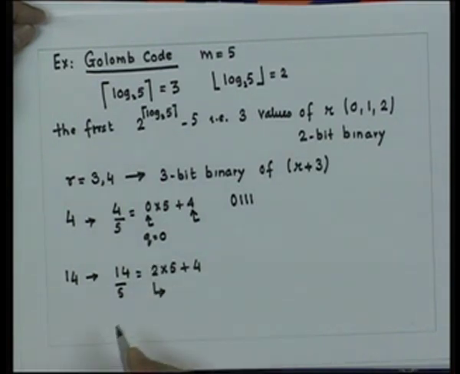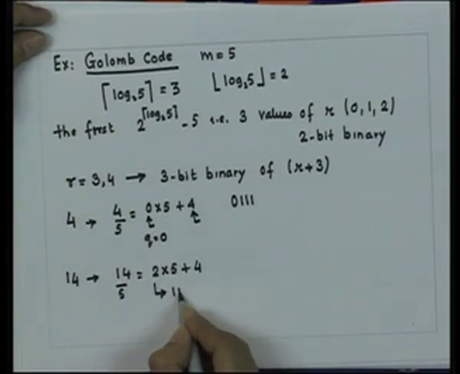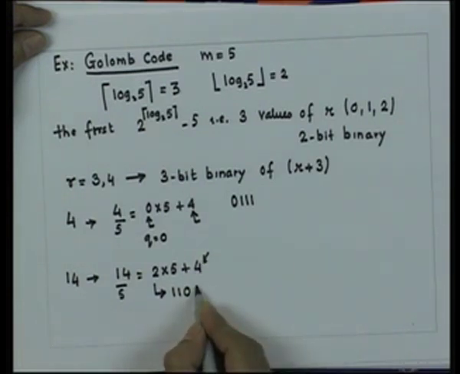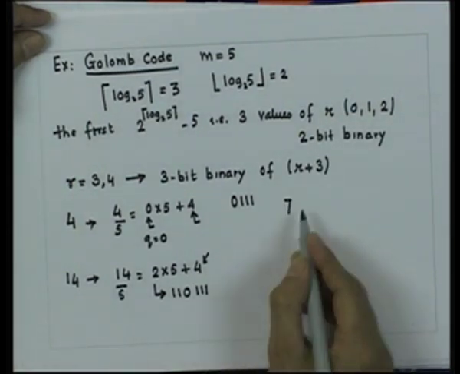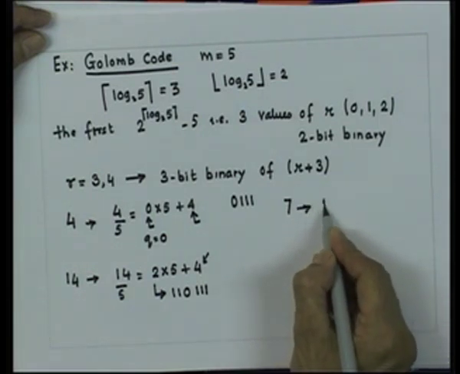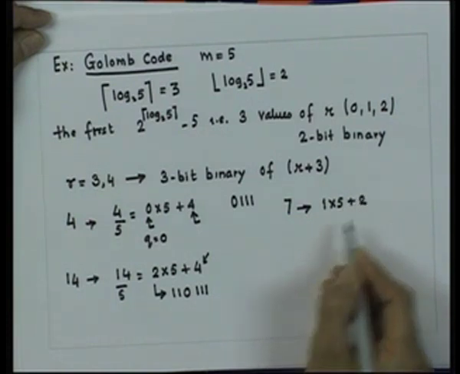So, the quotient is 2, and this by unary representation would be 1 1 0, and the remainder is 4. So, again the representation would be this. Let us take another simple case, finally 7. For 7, this can be represented as 1 into 5 plus 2.